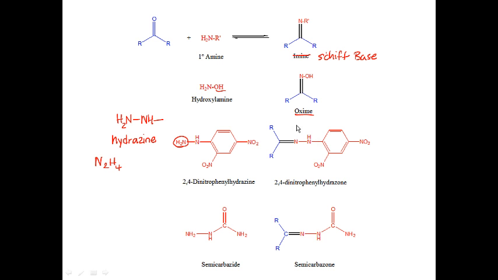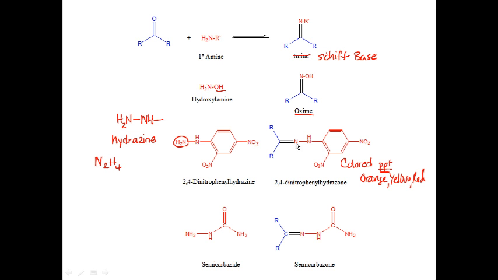These molecules actually form very highly colored precipitates. Usually they're orange, yellow, or red. And so the equilibrium is shifted by Le Chatelier's principle because these things precipitate out of solution.